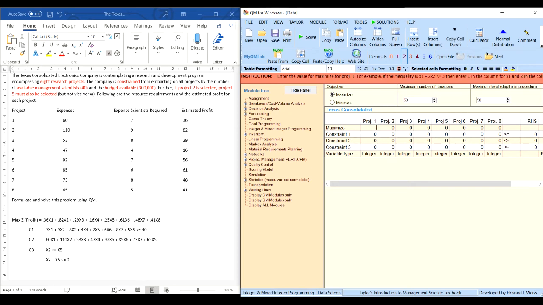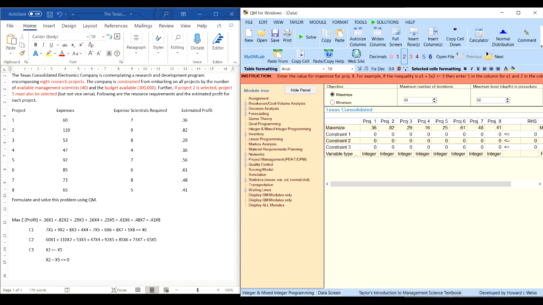So 0.36, 0.82, 0.29, 0.16, 0.25, 0.61, 0.48, 0.41.